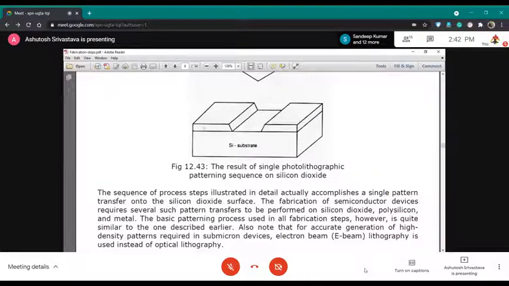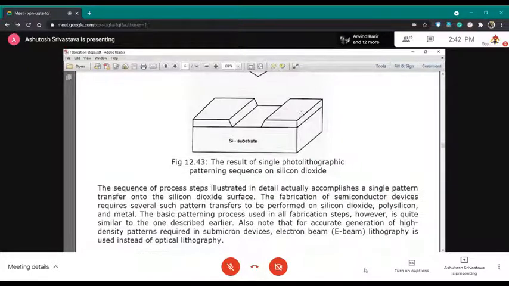So the one which we had seen previously, it was a two-dimensional representation of this three-dimensional structure. So here you can see this is your silicon substrate, and here on the top of this, on the sides, you are having silicon dioxide.